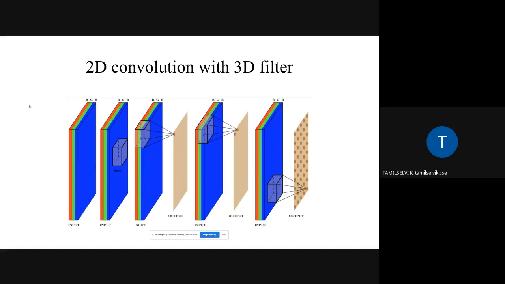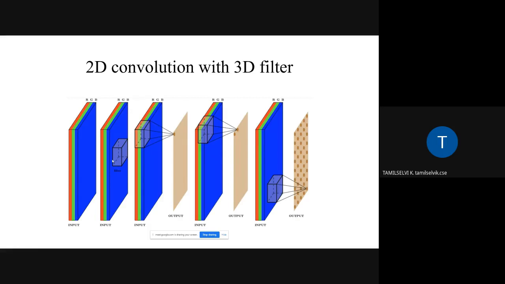You may ask, first will it slide over the blue layer, then the green layer, then the R layer? No, that method is also available, but by convention, this will not go into the depth. So even though you have given a 3D input and you are saying that it is a 3D filter, it will provide you only a 2D output.